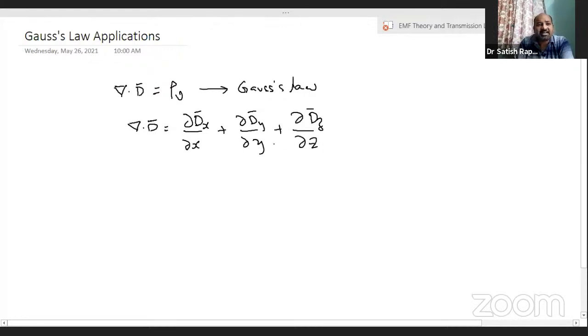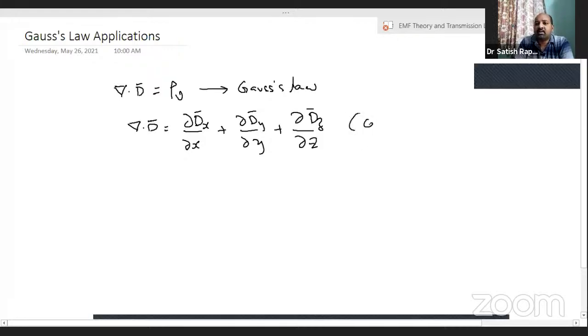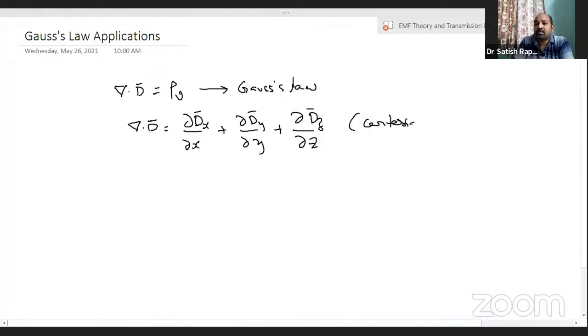This is the expansion of del dot D. Del dot here is the divergence of flux density, the divergence of a vector. D bar means a vector, and you have studied the divergence of a vector in vector analysis in mathematics. The divergence of a vector is equal to this. This is the expansion in the Cartesian or rectangular coordinate system.